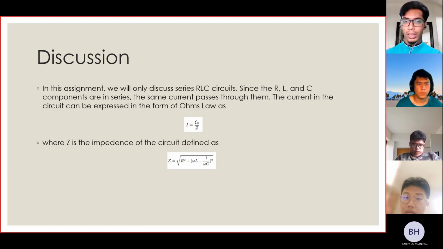For this assignment, we'll only discuss the series RLC circuit. Since the R, L, and C components are in series, the same current passes through them.